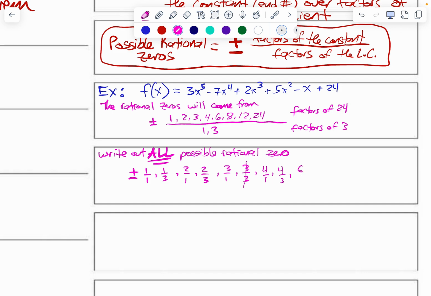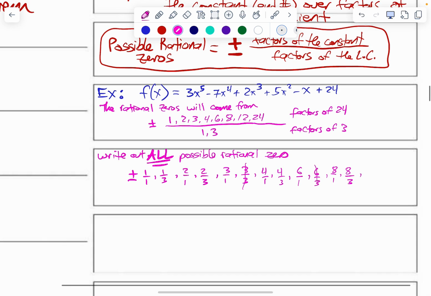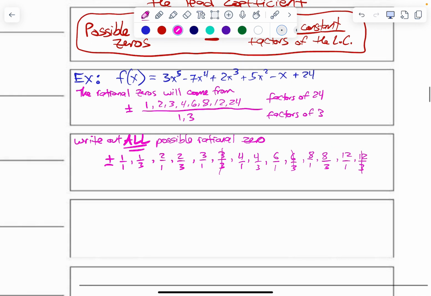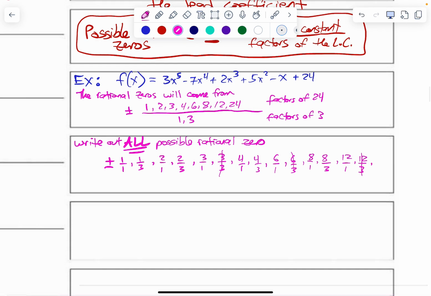Okay. 6 over 1, 6 over 3. That's just 2. So we already have it. 8 over 1, 8 over 3. 12 over 1, 12 over 3. That's 4. We already have 4. 24 over 1, 24 over 3. That's 8. We already have 8.